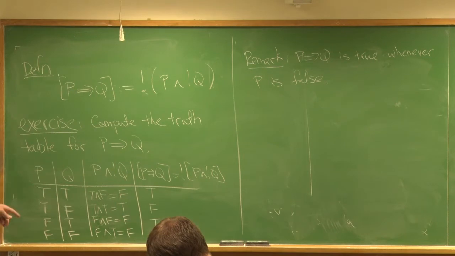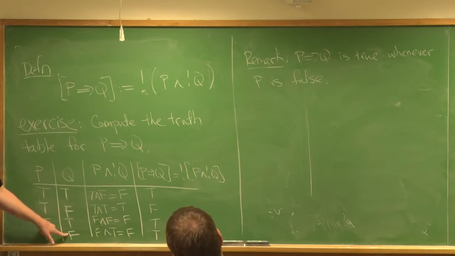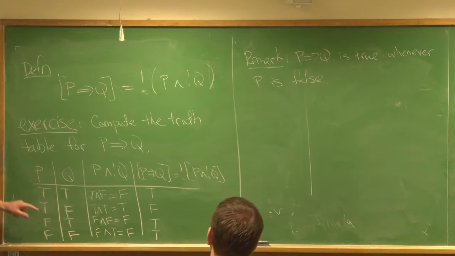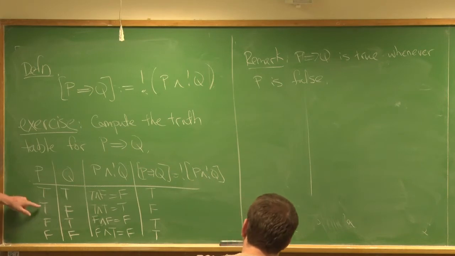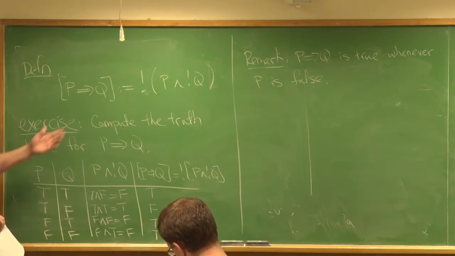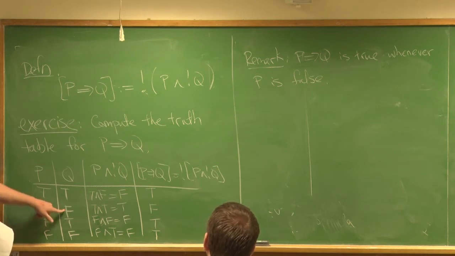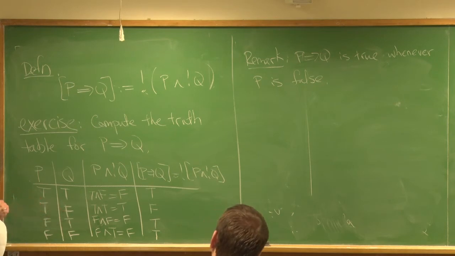So when P is false and Q is true, it's still true. When P is false and Q is false, it's still true. When they're both true, it's true. And when P is true and Q is false, that's the only one that's false. This is exactly when we have P and not Q, right? Does that make sense?